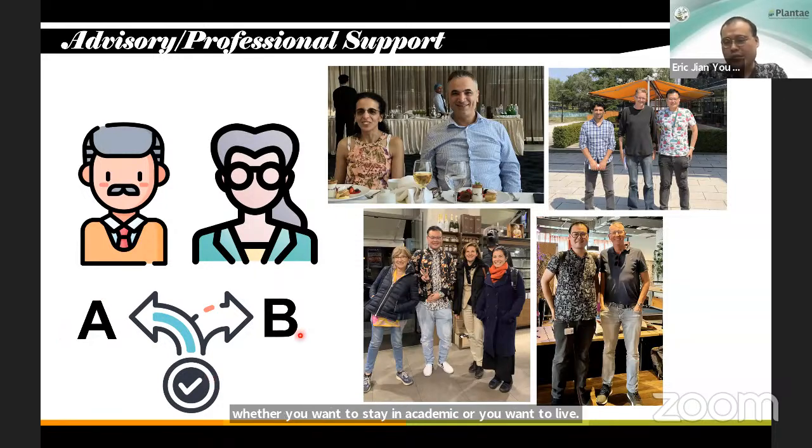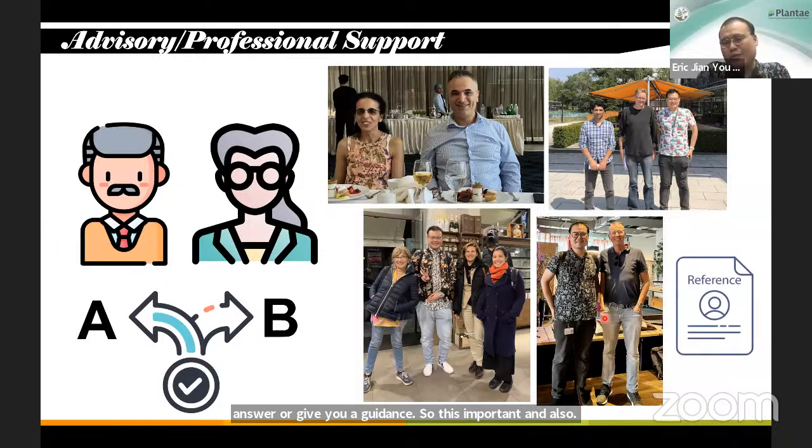And also friends or colleagues in Italy, in Germany, and in Amsterdam. So the professors will always give you the answer or give you guidance. This is important. And also, we are academics, we always need their reference later. So you have to have a good relationship with your advisors or your collaborators.